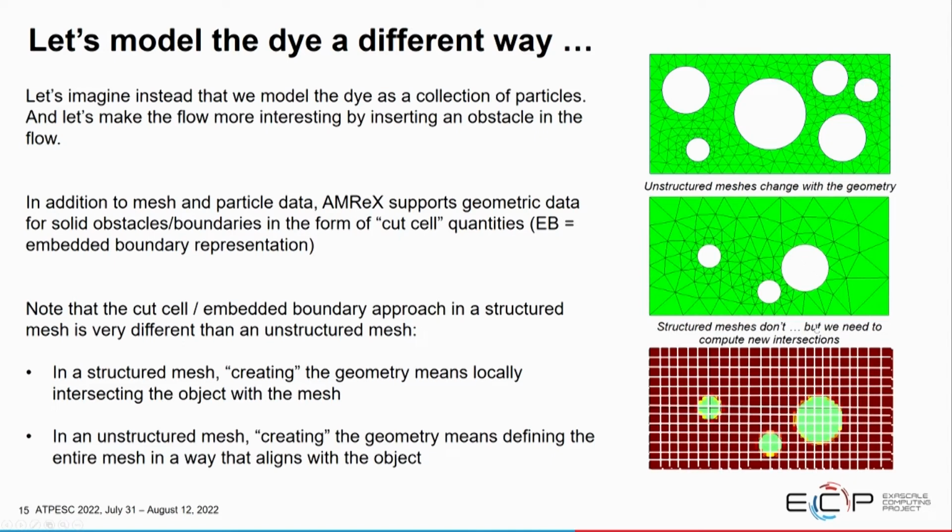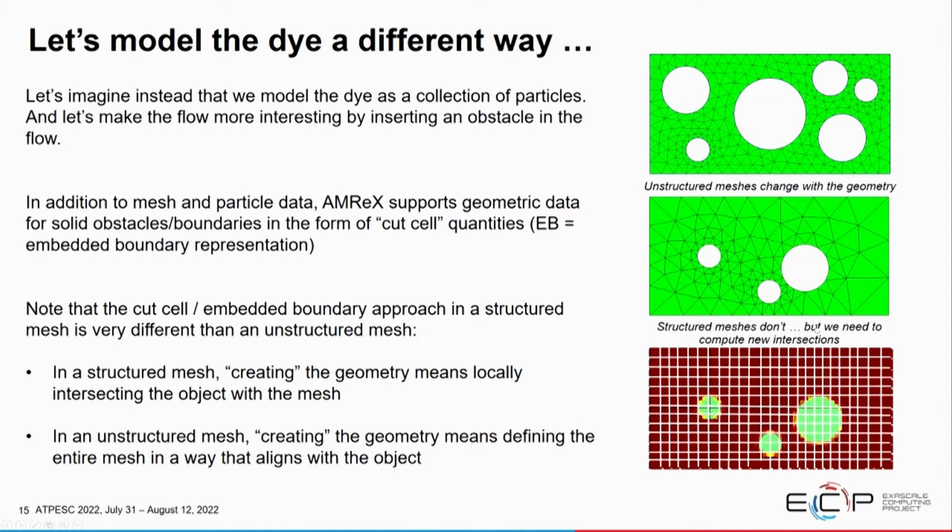Okay, the difference is in the bottom, and apologize for the graphics, you have a grid, you have particles, you have geometries, solid bodies, whatever. You look at where they intersect, and it's pretty straightforward to ask where that circle intersects the grid. If you say, I want to do a different experiment, I want to put the cylinder somewhere else, you lift the cylinder up, you move it, you're not changing the underlying grid.